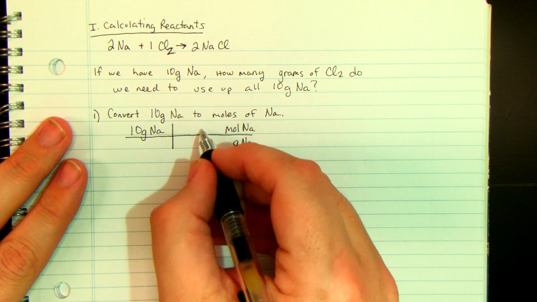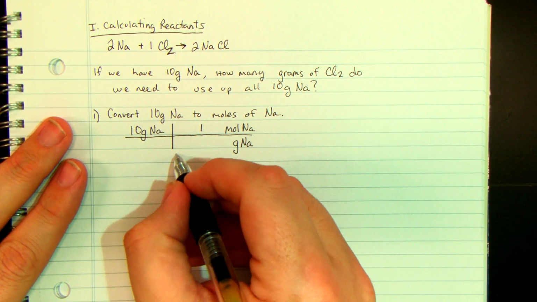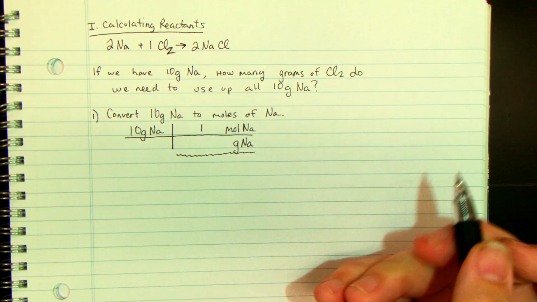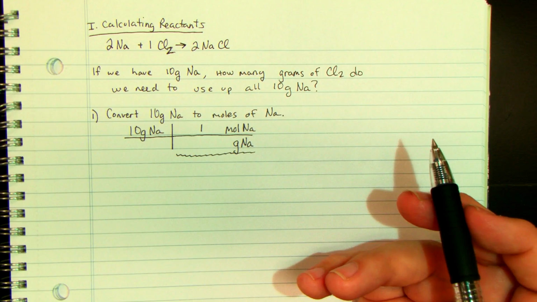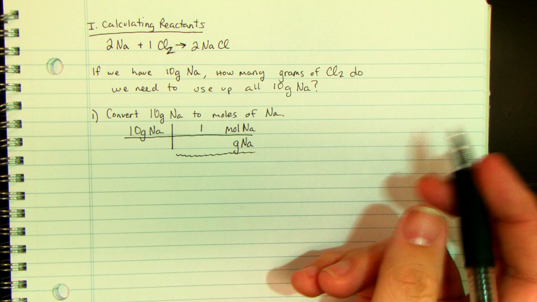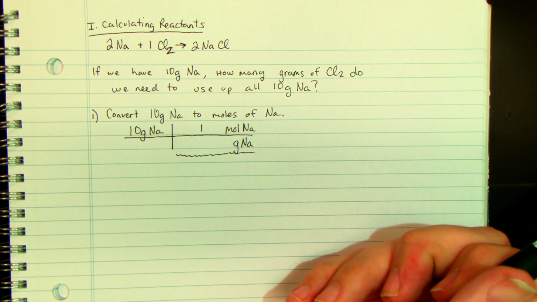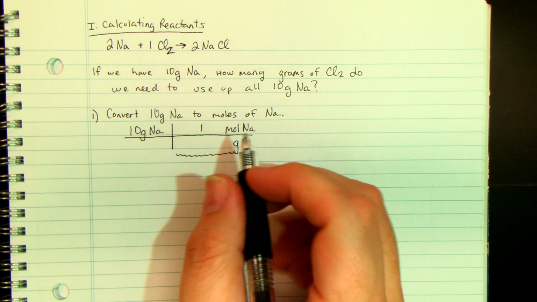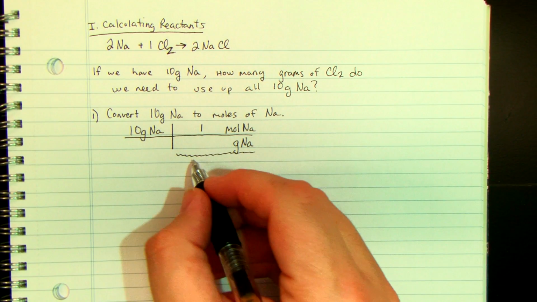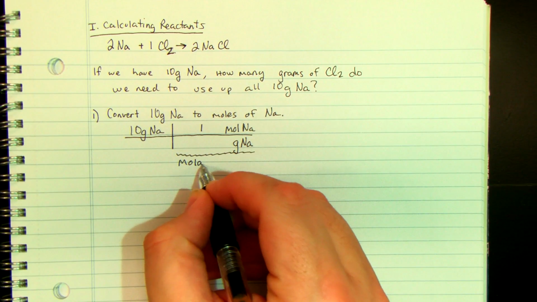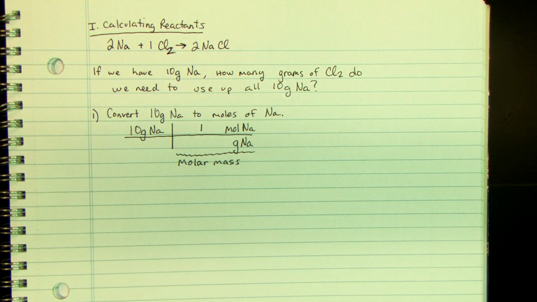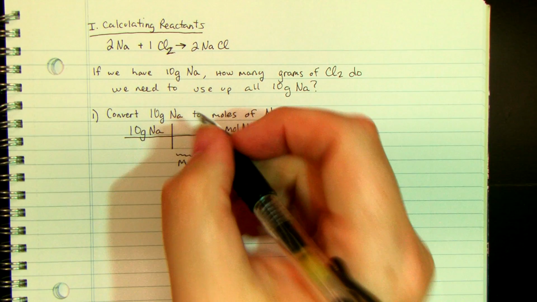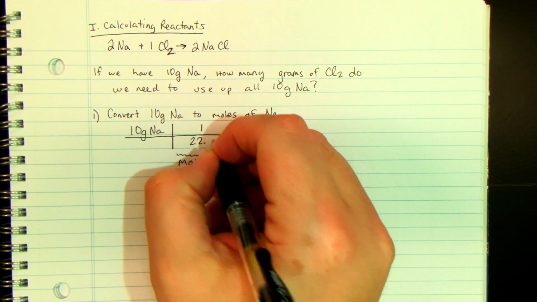Now this, right here, 1 mole, how do I figure out 1 mole of sodium? You look at the molar mass. So we're going to have to look at the periodic table. So this is going to be a molar mass conversion. And so our molar mass conversion, sodium is 22.99 grams, so 22.99 grams.